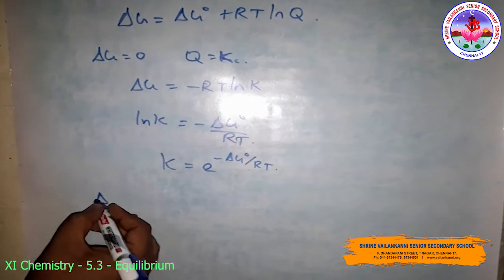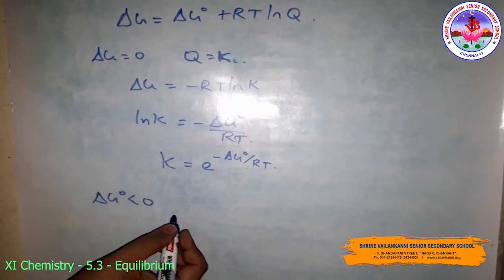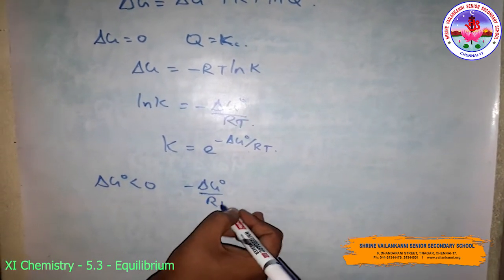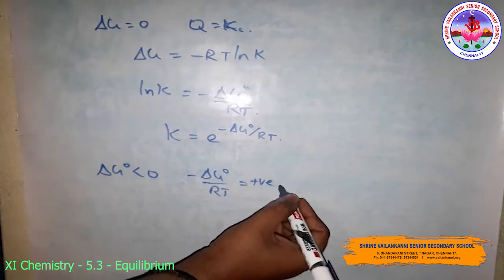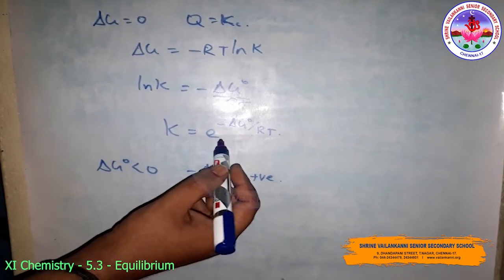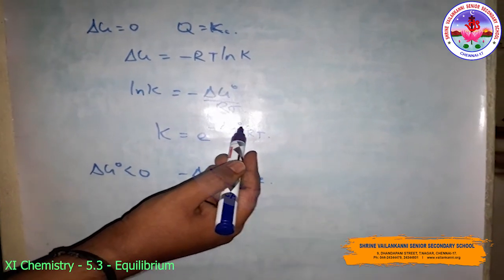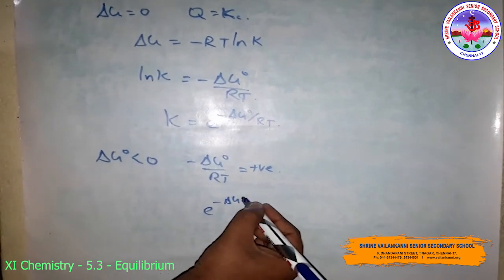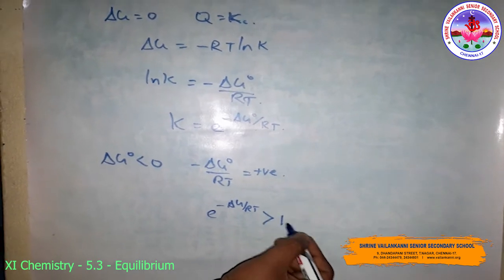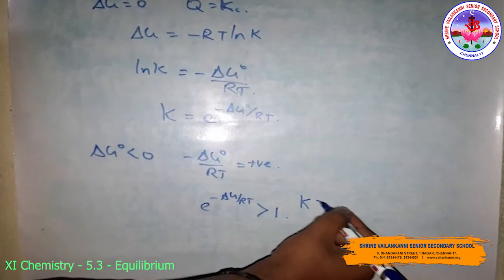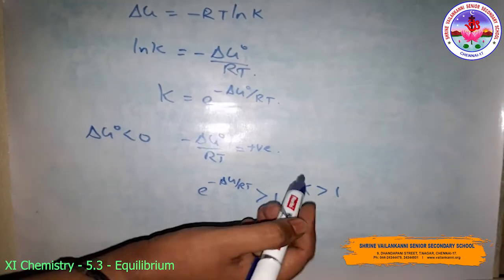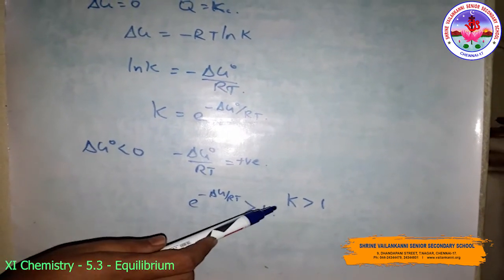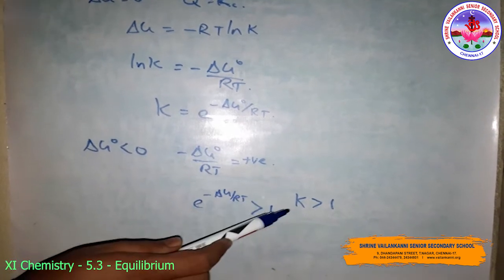When delta G naught is less than 0, minus delta G naught by RT is positive, and e to the power minus delta G naught by RT is greater than 1, making K greater than 1. This implies a spontaneous reaction, one which proceeds in the forward direction to such an extent that the products are present predominantly.